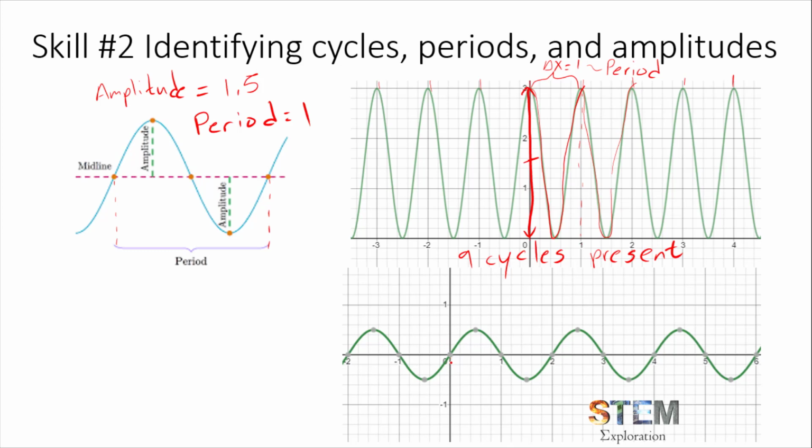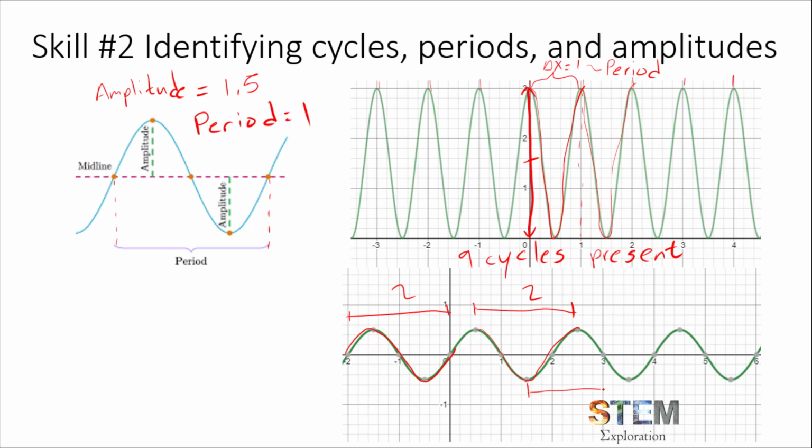And I'm going to do the same thing down here. I'm just going to look at the function and see where the repeating patterns are. So if I base it off the x-axis, I can say, all right, this is a distance of 2. If you want to base it off the maximums, you can totally do that. So if I ask how long it takes for this cycle to complete, what you're going to find is that the distance is always going to be 2 if this is a periodic function. What if I want to base it off the minimums?